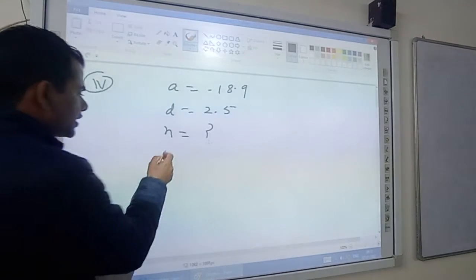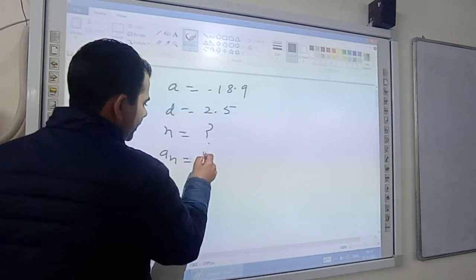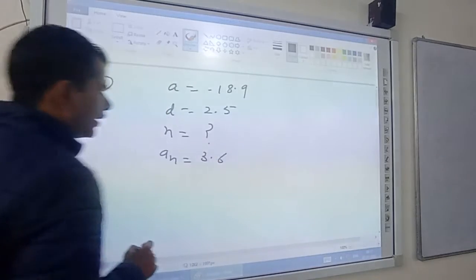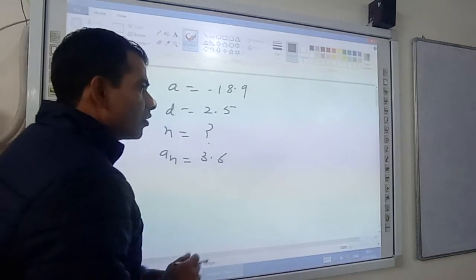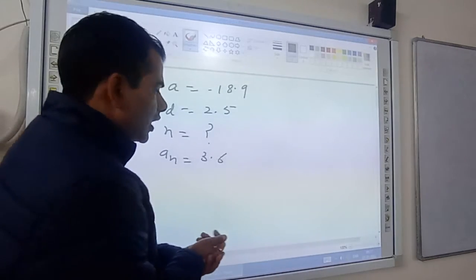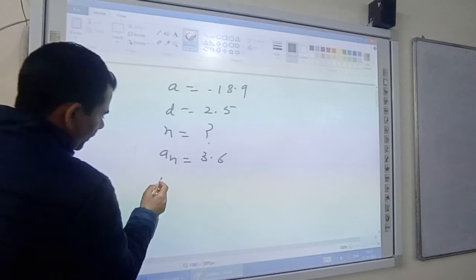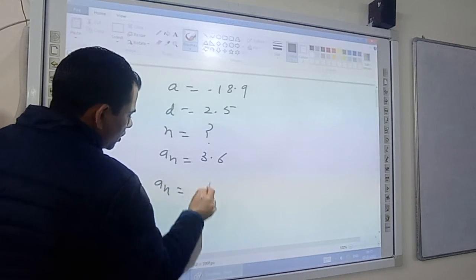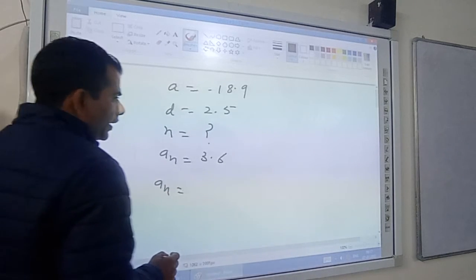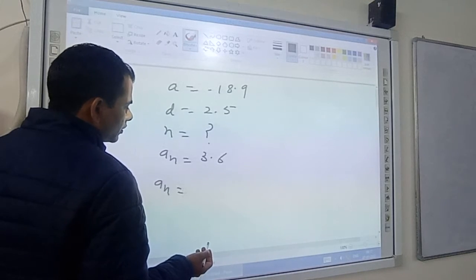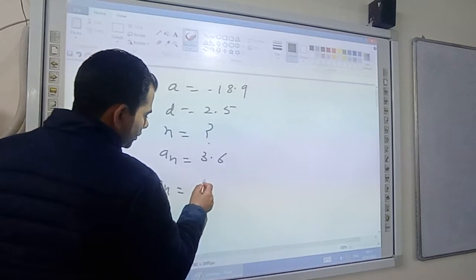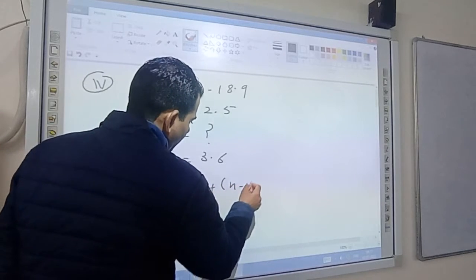An is 3.6. Now to find the value of n, we will apply the same formula, An is equal to a plus n minus 1 into d.